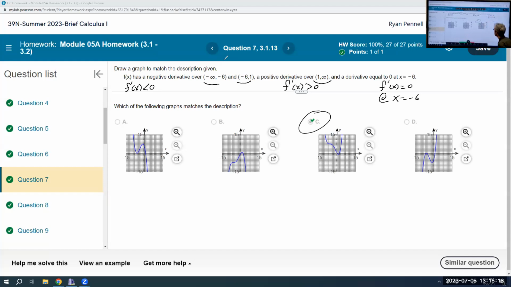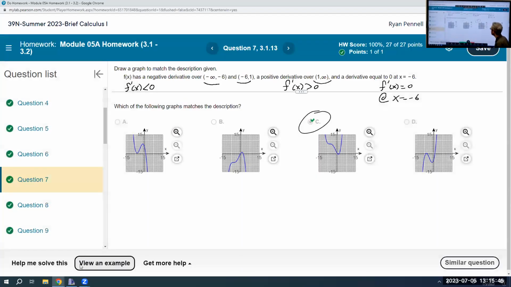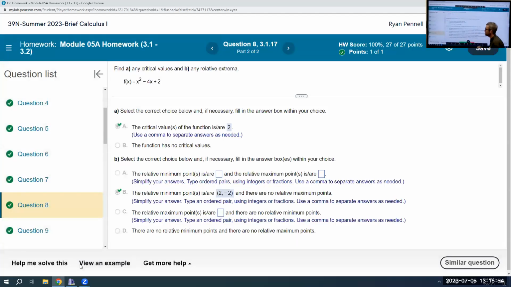It's just picking the graph. I didn't have to draw it by hand. Some versions of this class, you have to do this stuff by hand. We don't, because we're kind of a hybrid class here. Hopefully it's simple enough to see. All right, so that's the first chunk. It's pretty easy because you're just picking the graph. You don't have to draw it yourself.